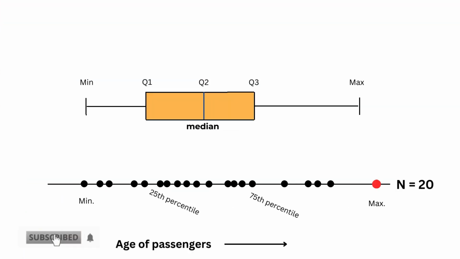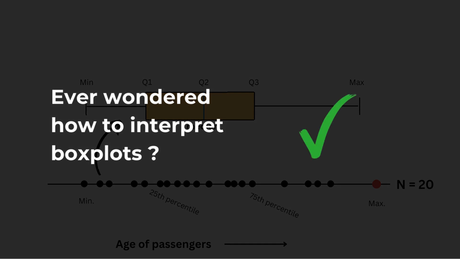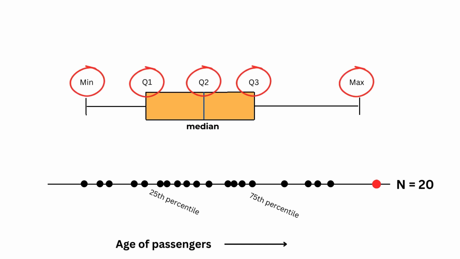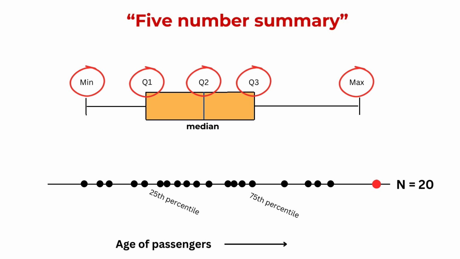Great. Now you understand how you can construct a box plot from any given data. And so it becomes really easy for us to interpret the box plots to get the idea of data distribution. First thing first, a box plot is used to summarize the data distribution using 5 numbers. If you are into statistics, you would have often heard about the term 5-number summary.